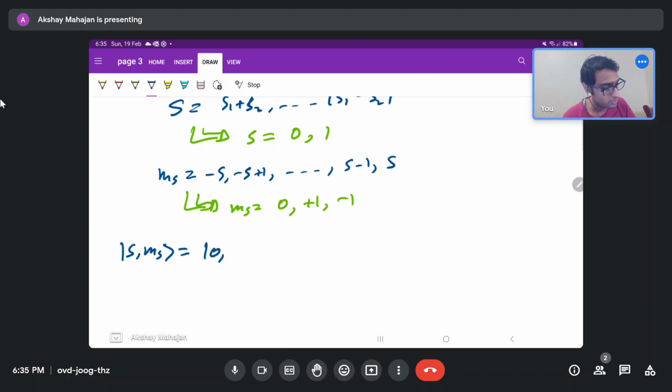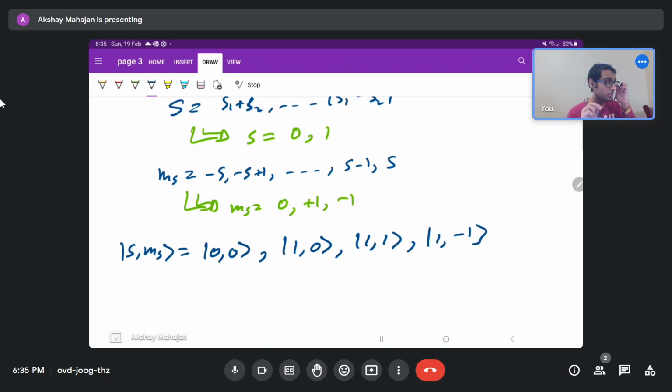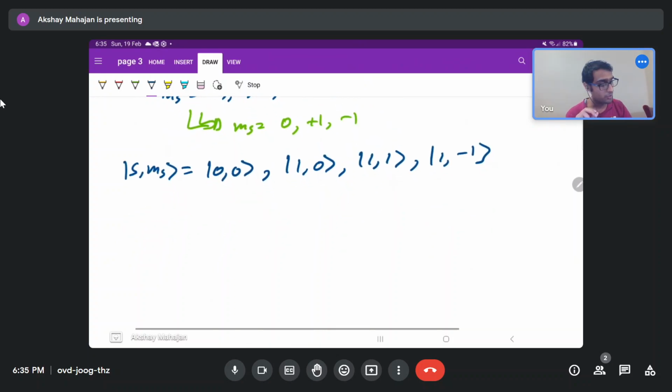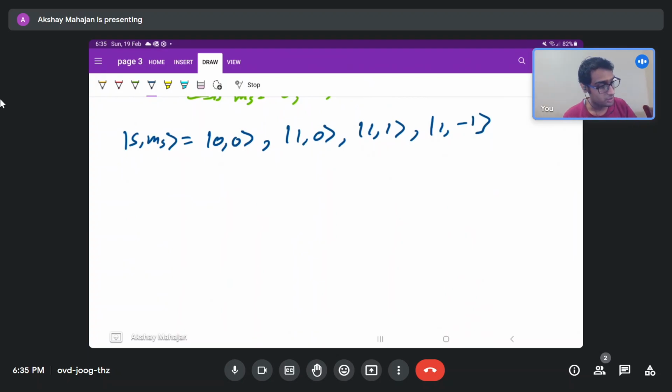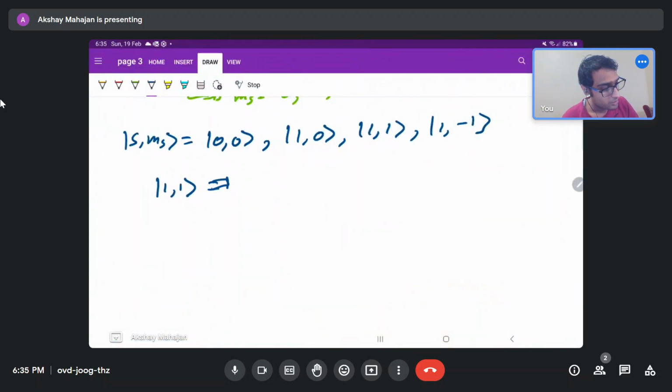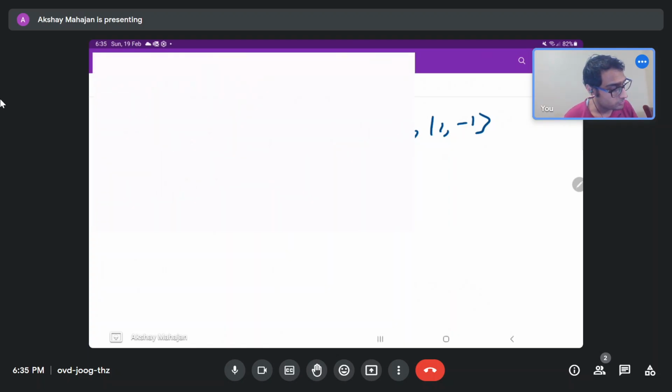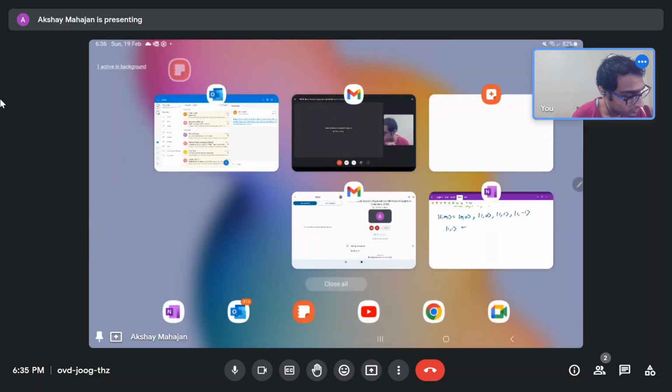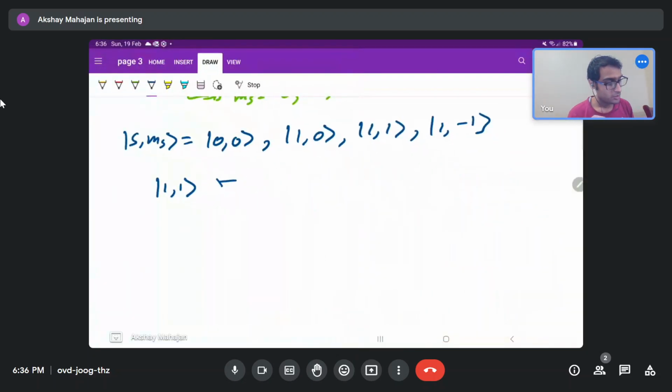So there will be 4 kinds of wave functions from the eigenkets: there will be 0 0, there will be 1 0, there will be 1 1, there will be 1 minus 1. 1, 1 is represented as alpha 1 alpha 2.